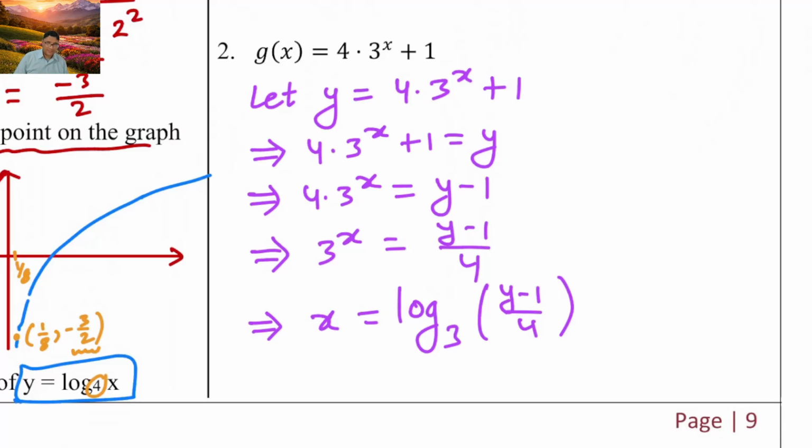Exponential on the other side becomes logarithm. That is how I remember it. So basically you are applying log base 3 on both sides. On the left side you are left with x, on the right side that expression, and then you interchange.